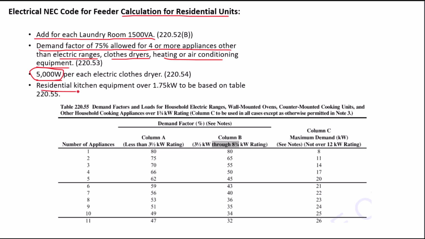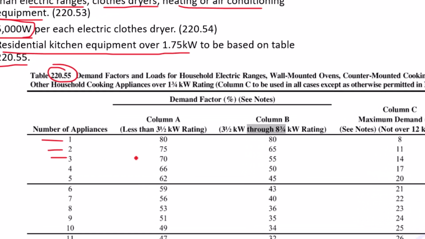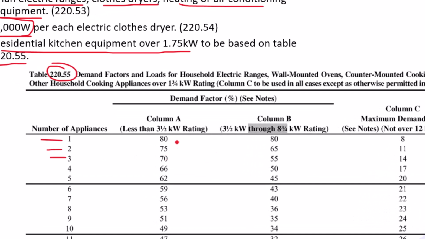And for residential kitchen equipment over 1.75 kilowatts or 1,750 watts, to be based on table 220.55, which is right here. So based on the number of appliances you have, you can apply a demand factor based on the kilowatt rating of that equipment. So sometimes you can have an induction cooktop where it draws a lot of wattage.